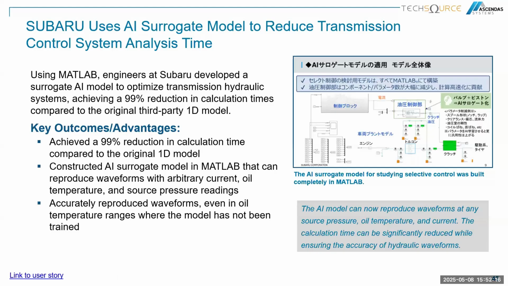This one is like our user stories from Subaru. This one is quite a great example. In practice, Subaru can replace their third-party 1D hydraulic transmission with this AI-based surrogate model.